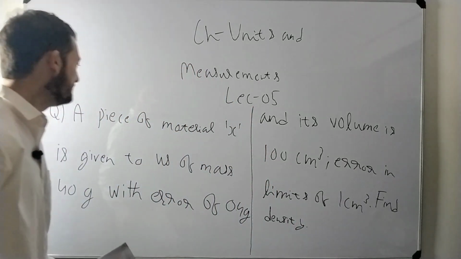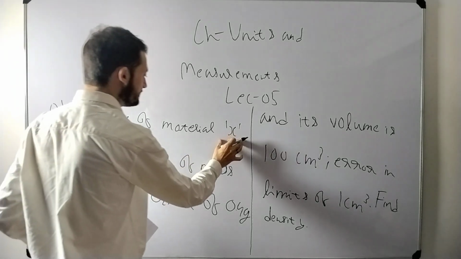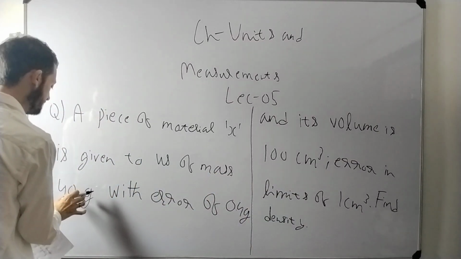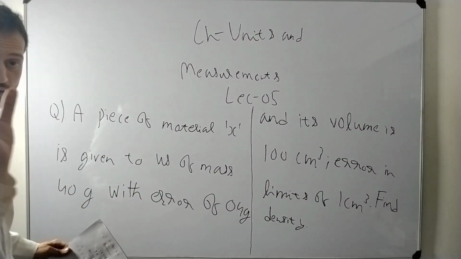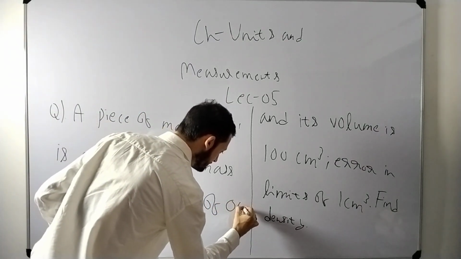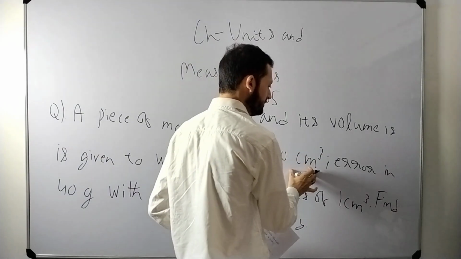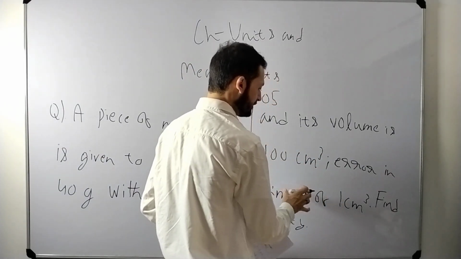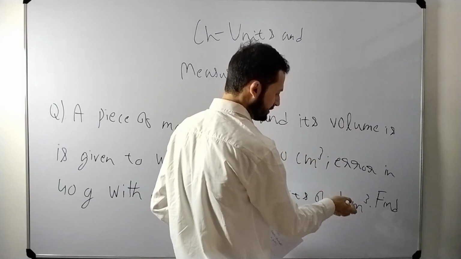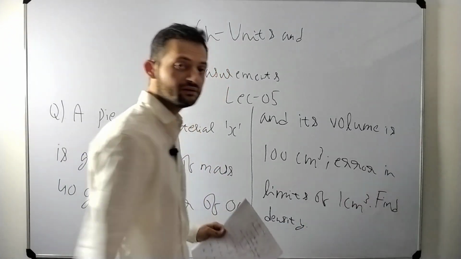So this is the question. Basically, you are being given X, a material, and the mass of the material is 40 gram. Note the values, students, here very carefully. Mass is 40 gram with an error of 0.4 gram, and its volume is 100 centimeter cube with an error limit of 1 centimeter cube. With an error of 1 centimeter cube, basically in the volume, find density.